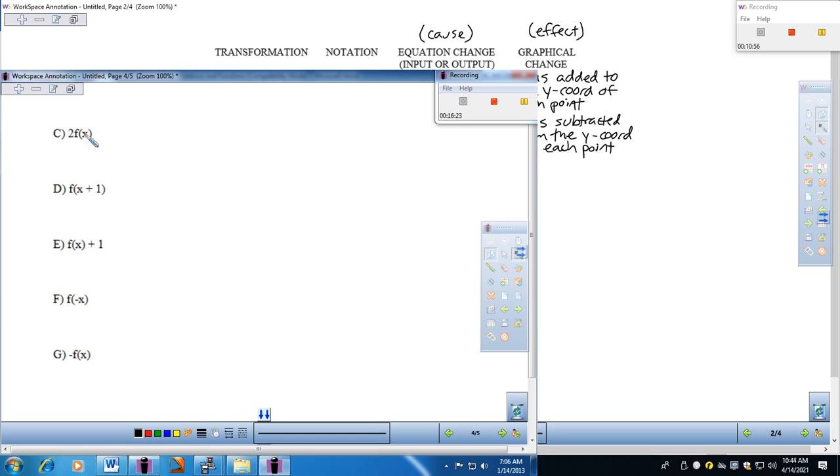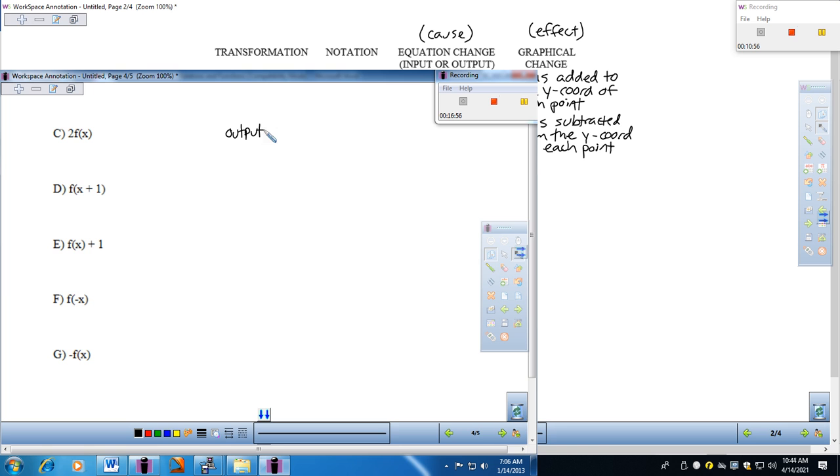It was x before, it's x right now. So notice it's not an input change. What I am doing is taking f of x, the output or the function, and multiplying it by 2. So notice the difference in the notation, especially between B and C. There was f of 2x, which I called an input change, and there's 2f of x, which now I'm calling an output change. Notice the difference there, please.